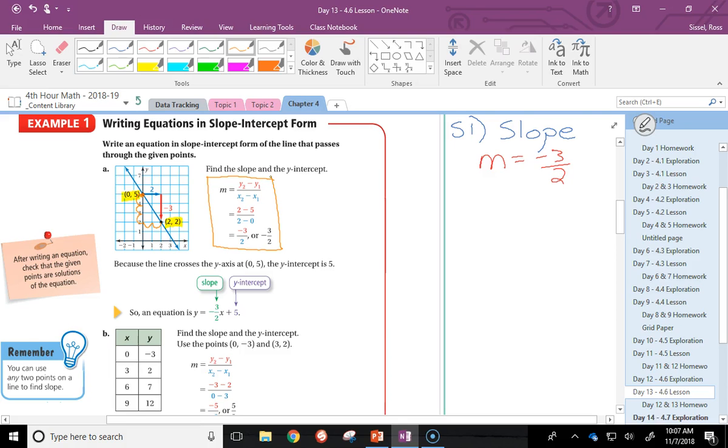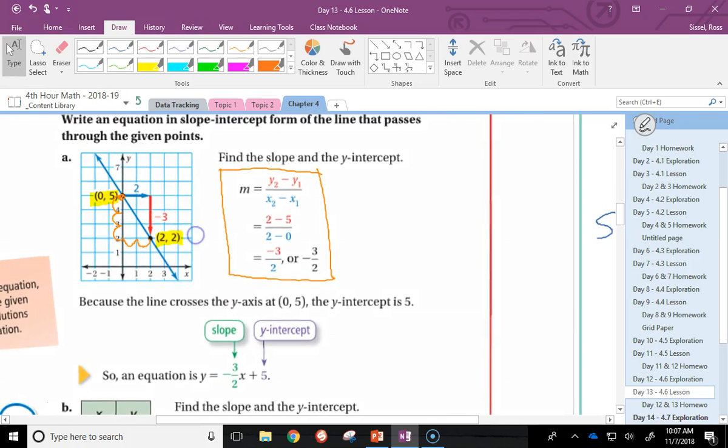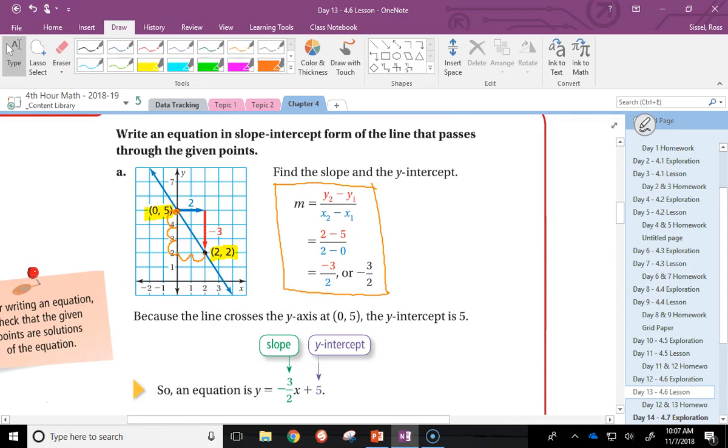The next thing I want to do is I want to identify my y-intercept. If we look at this graph, do we know what the y-intercept is? Where does the line cross the y-axis? It crosses at 0, 5.